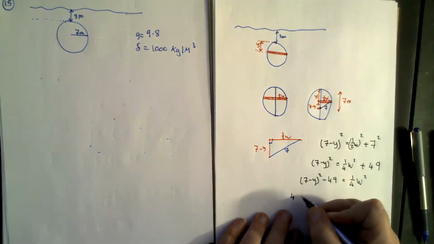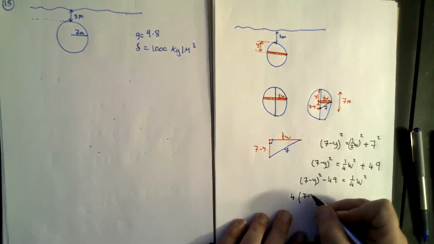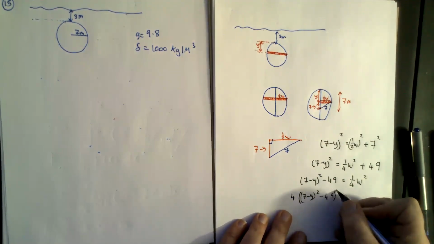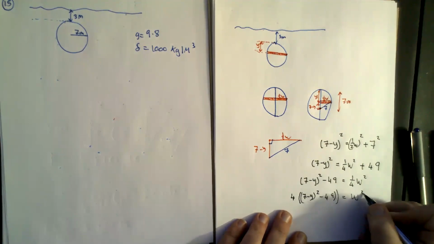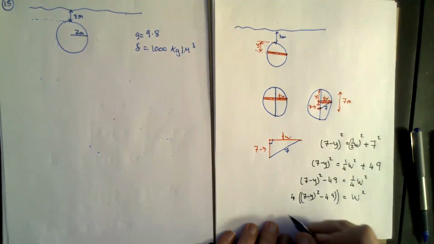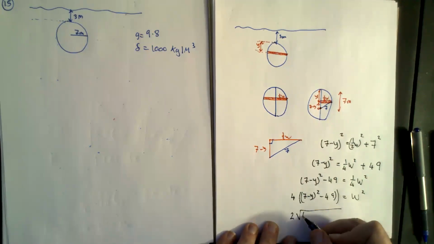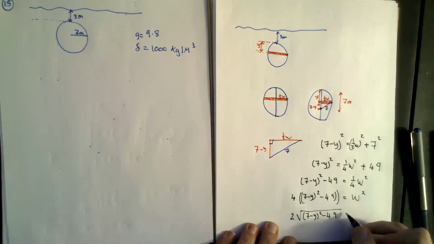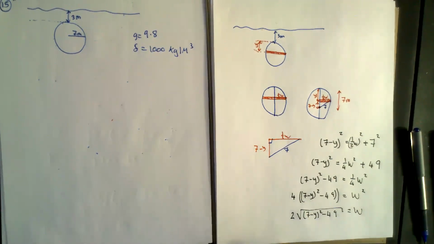Multiply both sides by 4, and you get W squared. And then take the square root of both sides. And we now have W. So I now know what W is equal to.